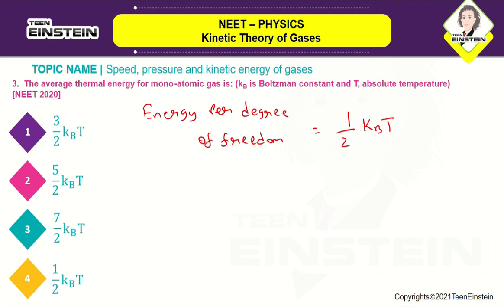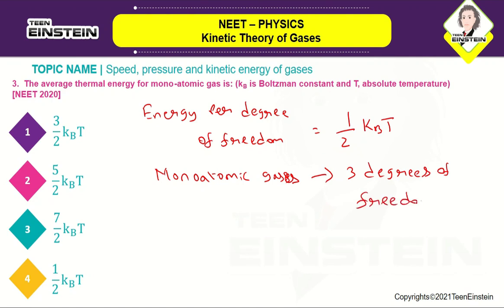So monoatomic gases will be having 3 degrees of freedom. So therefore the average thermal energy will become 3 by 2 kBT.